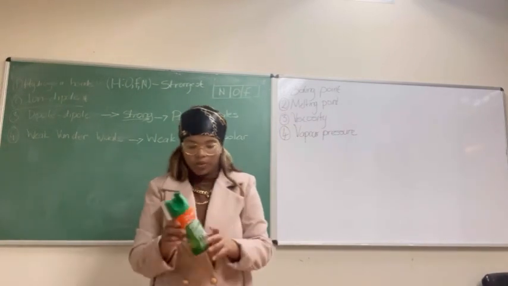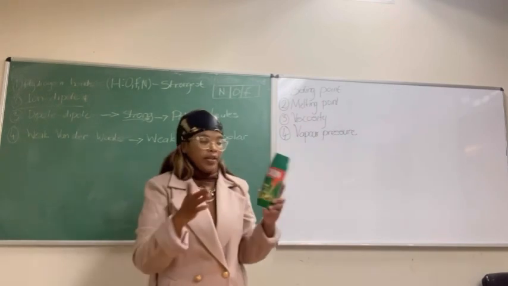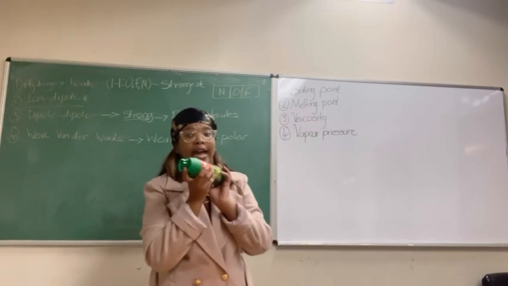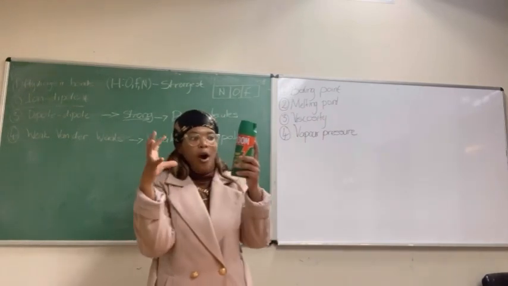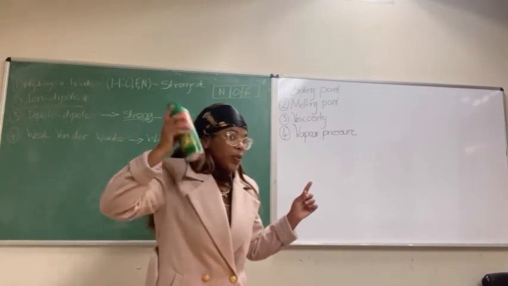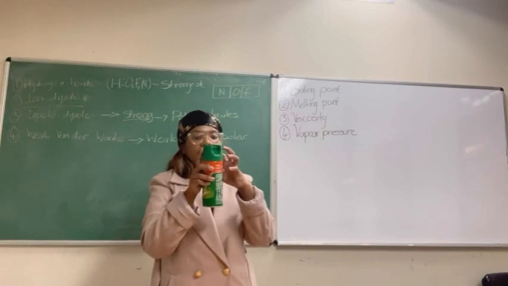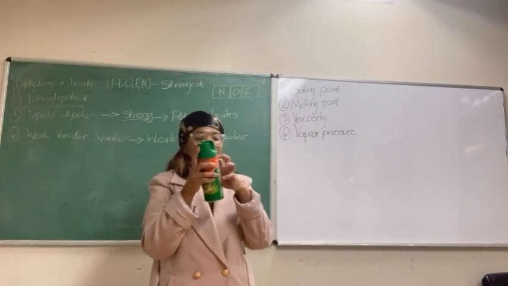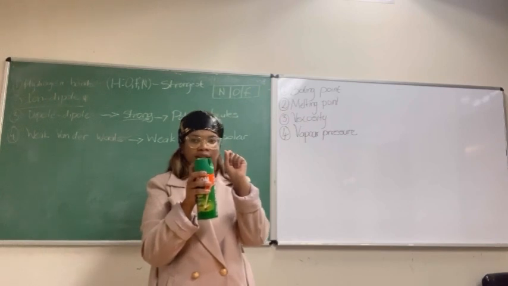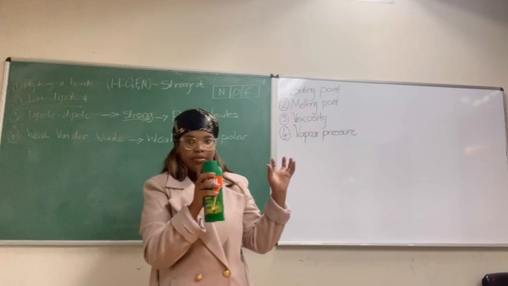So here we have, for example, this is doom. We all know doom. So the vapor pressure of doom is very high because it is compressed to the point that it has no point but to form a liquid. So the vapor pressure is very high. It is actively acting on the can. So as soon as you create even the smallest opening, since there is so much pressure, the gas will quickly escape.